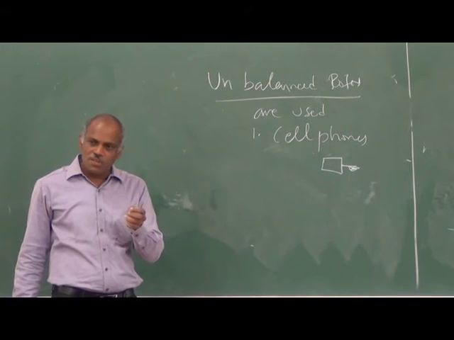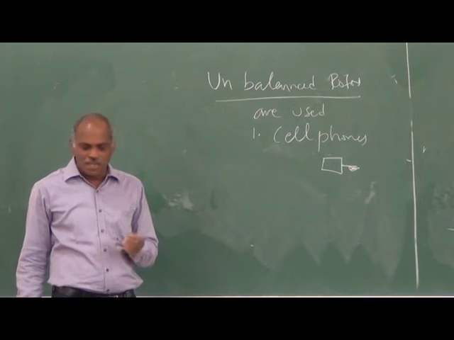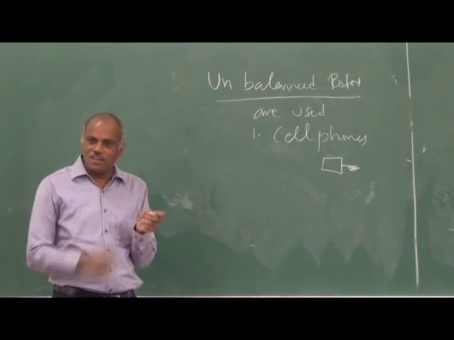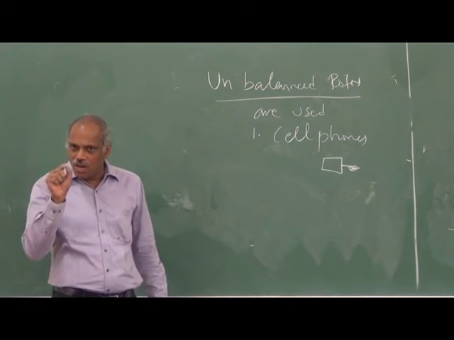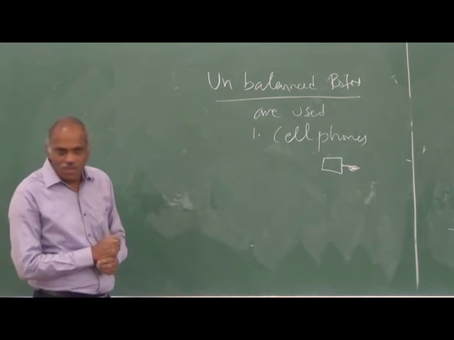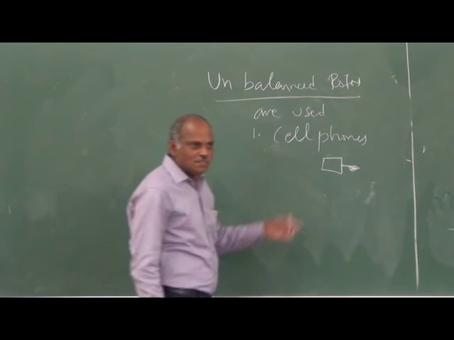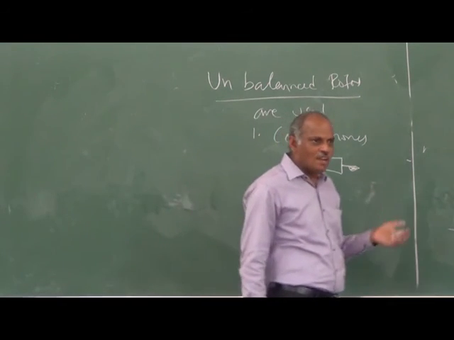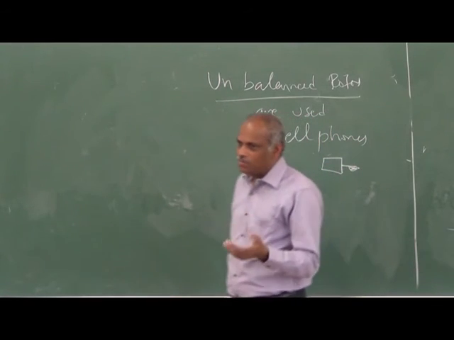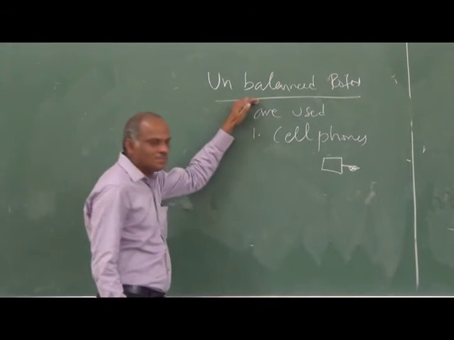That is the tiniest motor I have seen. It can be half of the nail size. Possibly I'll get it next class. It has a small unbalanced rotor, so when this rotates, it produces the inertial forces, the shaking forces. That is why it is preferred.